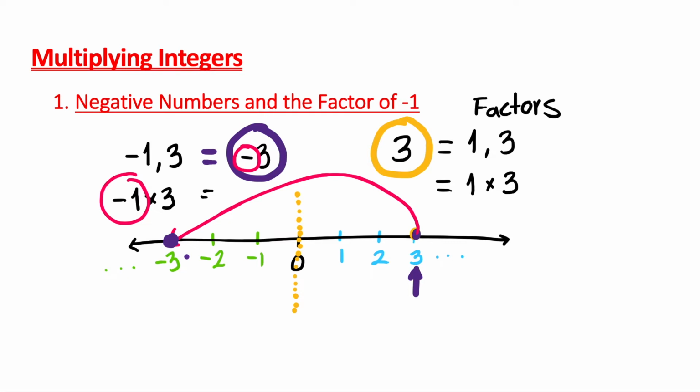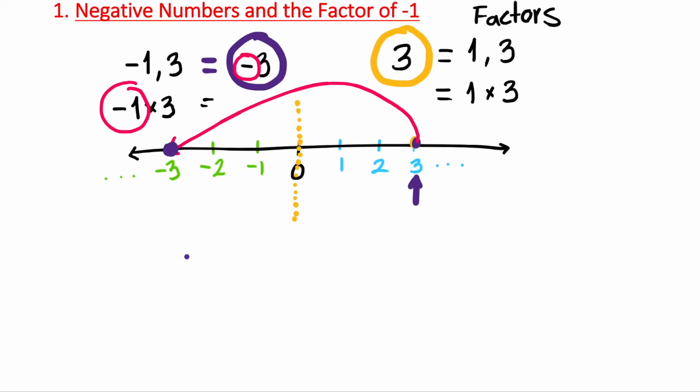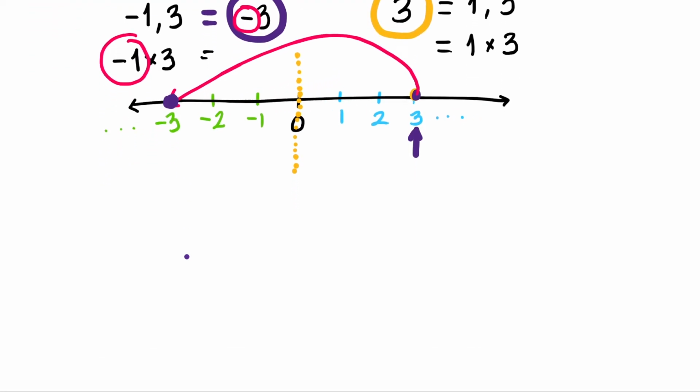Okay, if we're clear about this, now let's think about what happens if I have something like negative 3 times negative 1. If I have something like this, that means it's going to go further into negatives. That makes no sense. So it's not going to go even further.